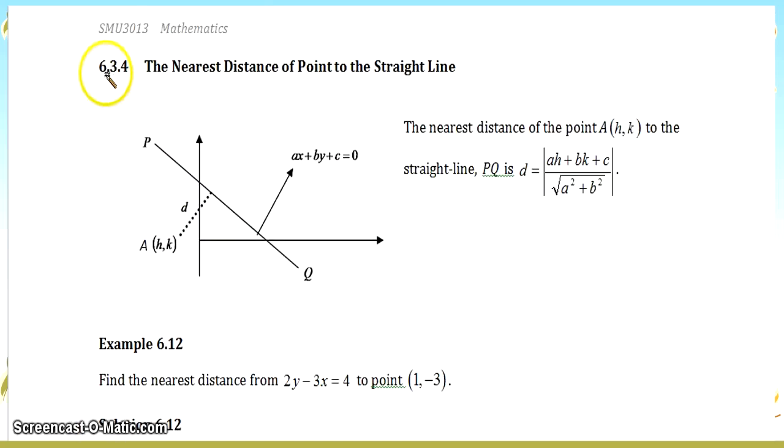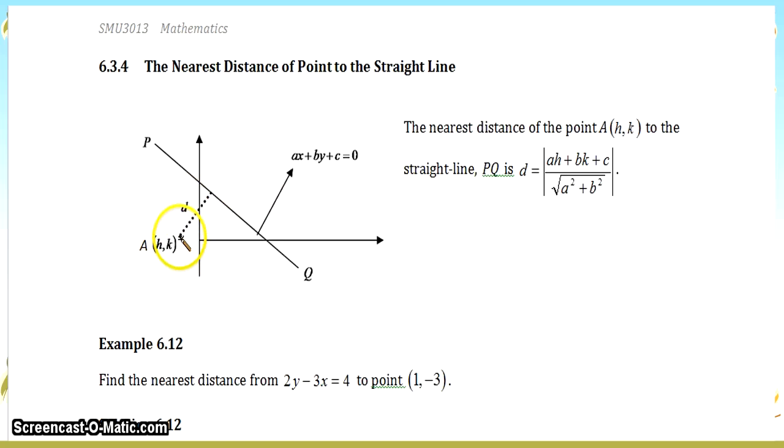Section 6.3.4 is to find the distance, the nearest distance, of a point to a straight line. Okay, so we have a line and the equation is written in the general form ax plus by plus c equals 0.